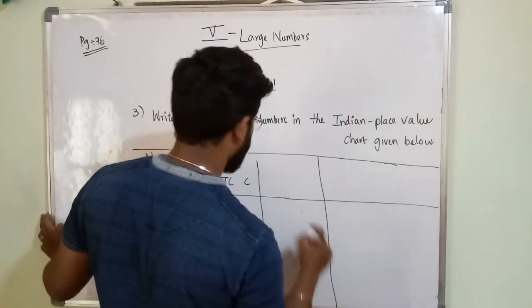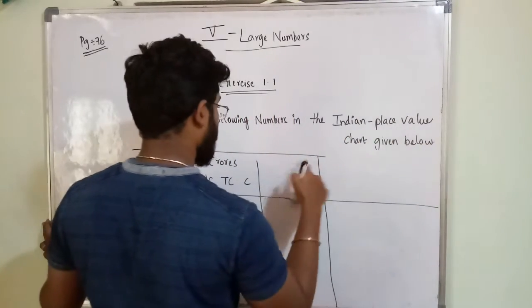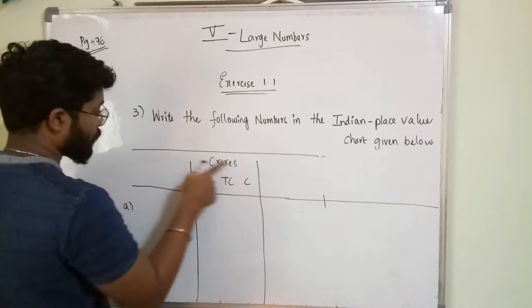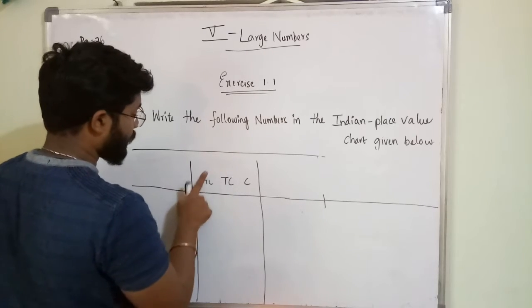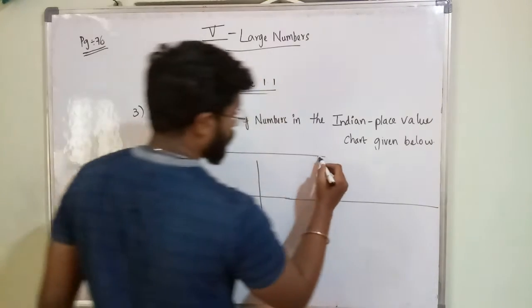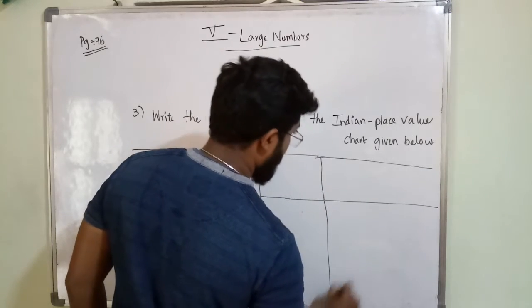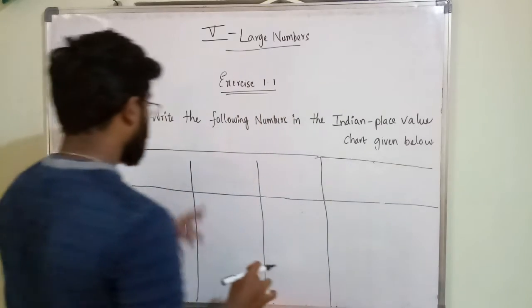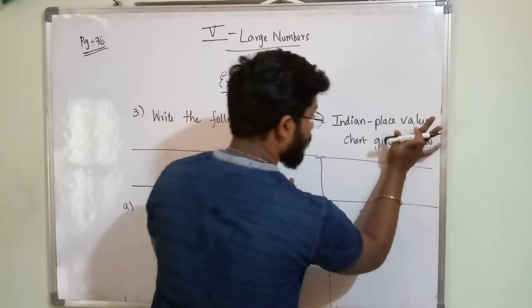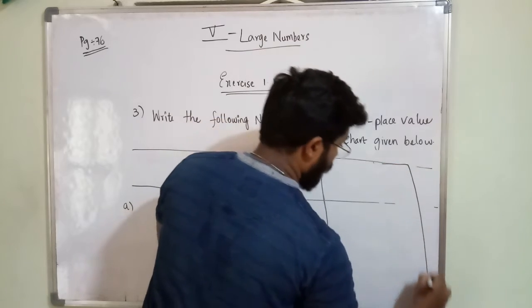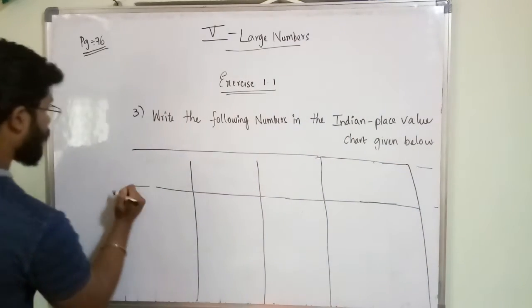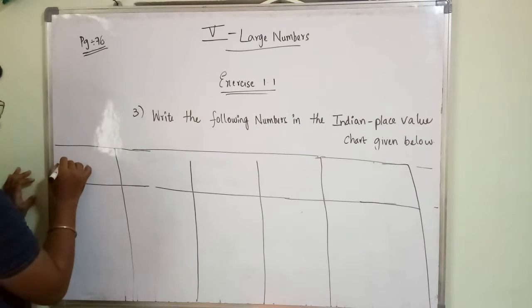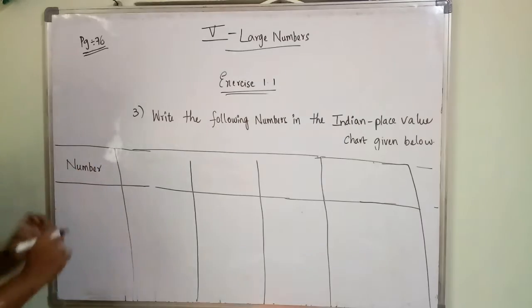Crores, lakhs. Crores, lakhs, thousands, and this is ones period. Okay, so I will draw one more box here. Number. So this is a number.